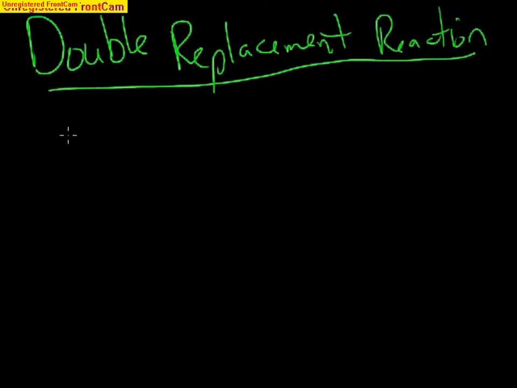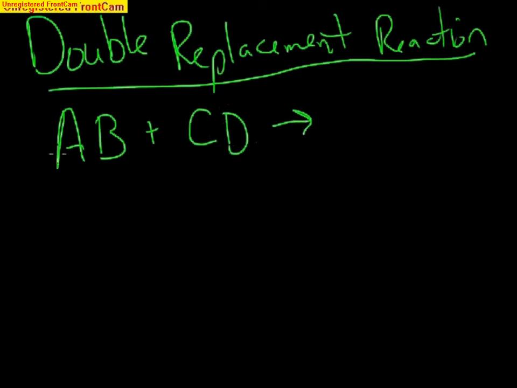And the general formula, if you recall, was AB plus CD, and the cations, which are the positive charged ions, are going to basically switch places, giving them the new ion.